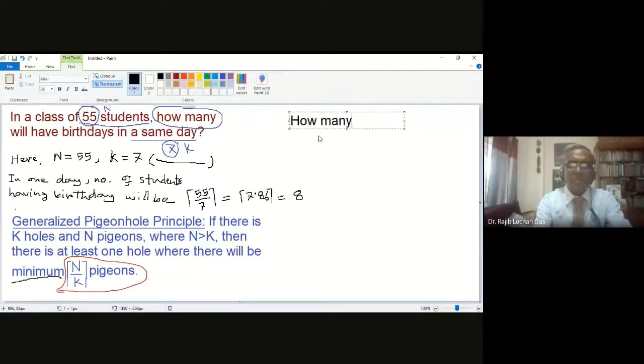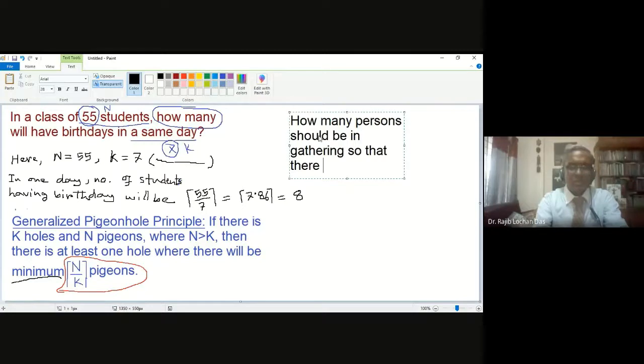How many persons must be, or should be, in a gathering, so that their names start with a certain letter.